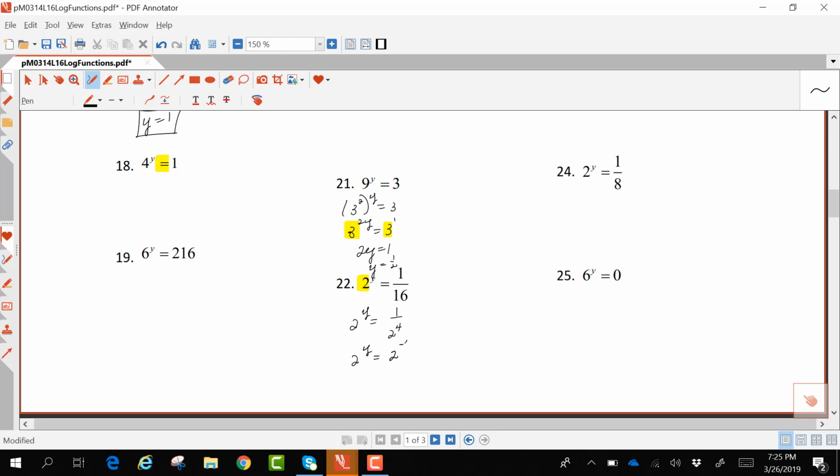I'm going to rewrite the right side as 2 to the power of -4, because when I move to the opposite side of the fraction, it changes the sign on the exponent. At this point, with my bases the same, I can set the exponents equal, resulting in my solution.